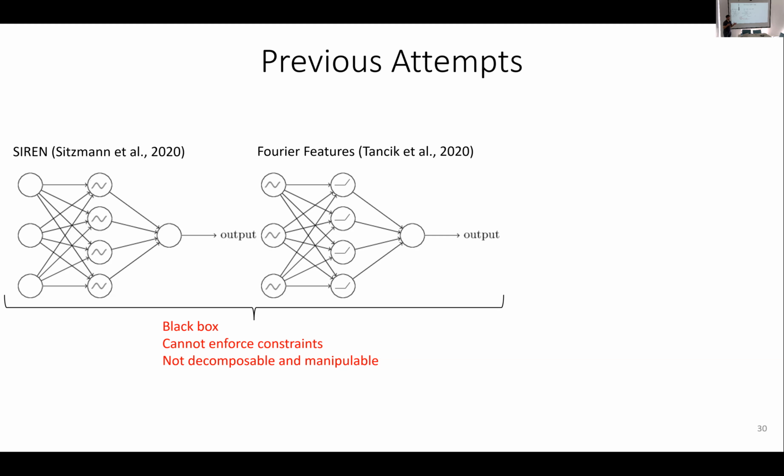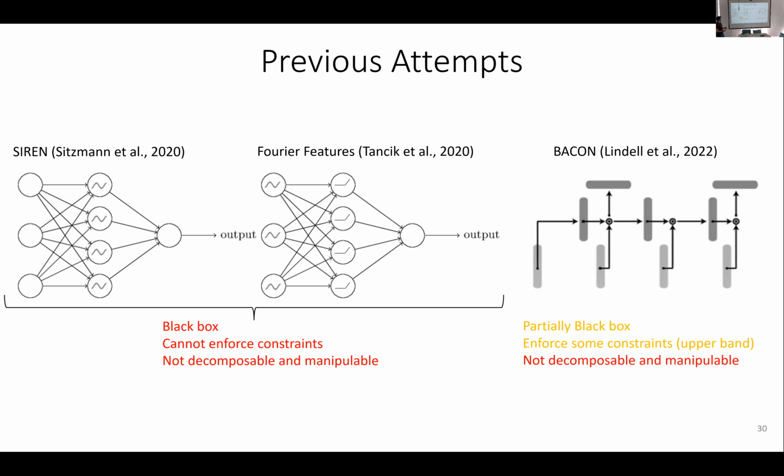So we cannot enforce constraints on the output frequency or output decomposition, and they're not decomposable and manipulable. And the recent work of Bacon was proposed, where we still have the situation where it is partially black box, but we can enforce some constraint. For example, we can enforce the upper bound limit on the output signal, but this is still not decomposable and manipulable.